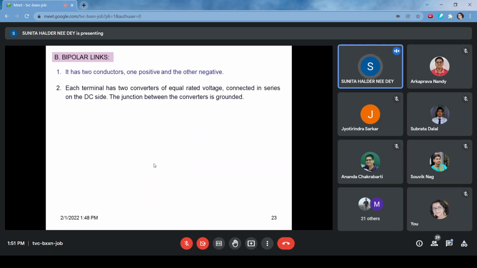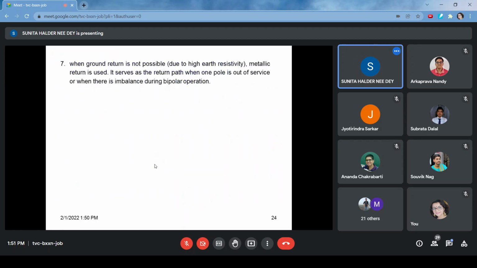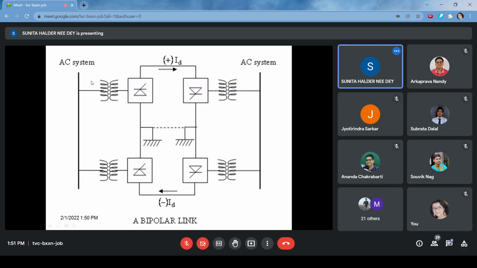So for two parts, there is the bipolar link. The power is divided and sent into two parts using two conductors. So here, obviously, one is positive, another is negative. The configuration of output load connection on the positive side of the link and the negative link are totally opposite.